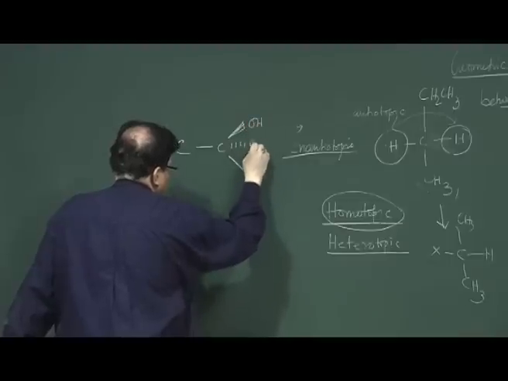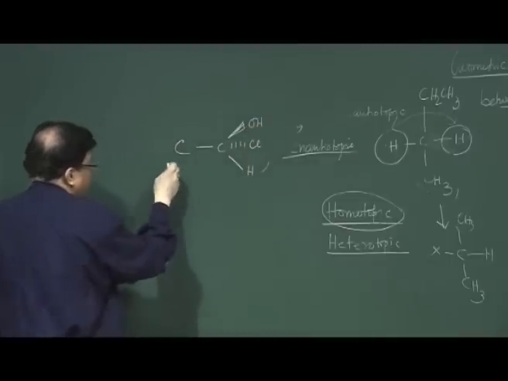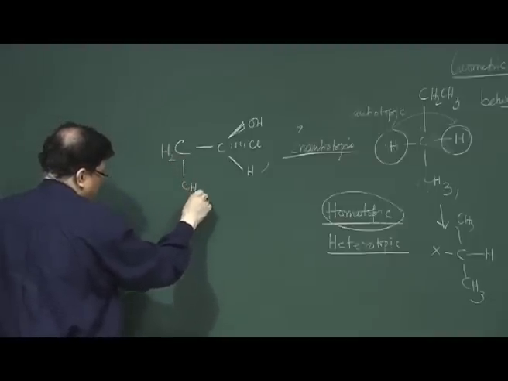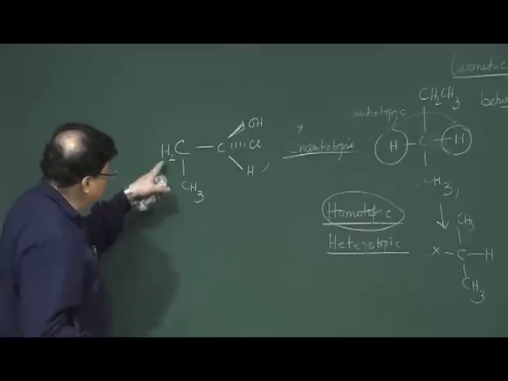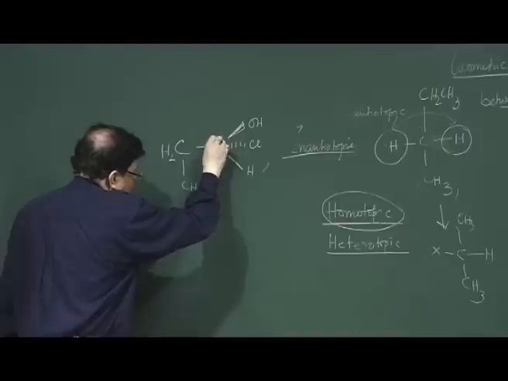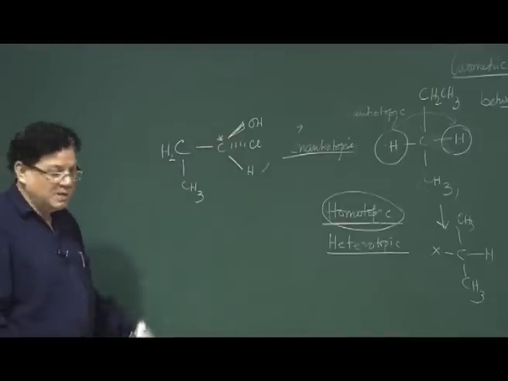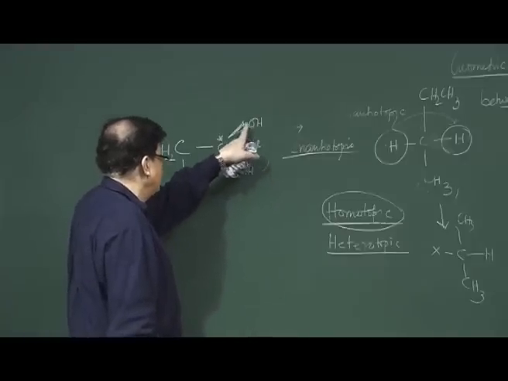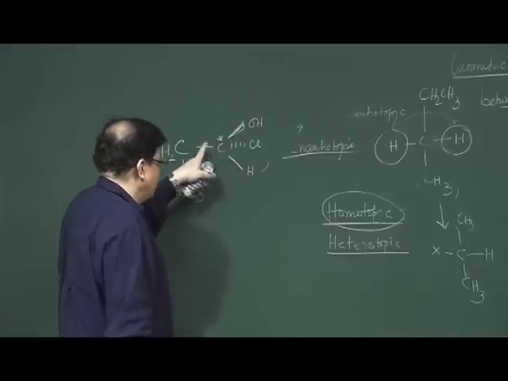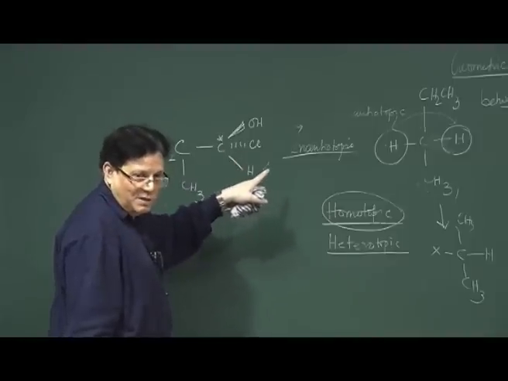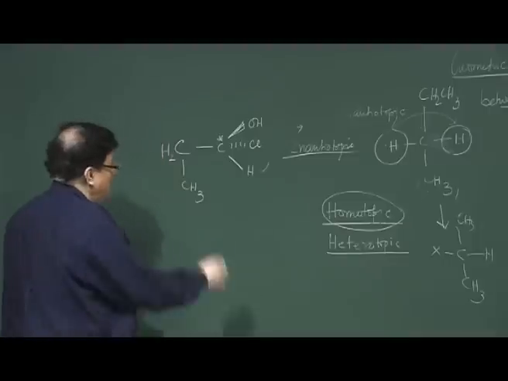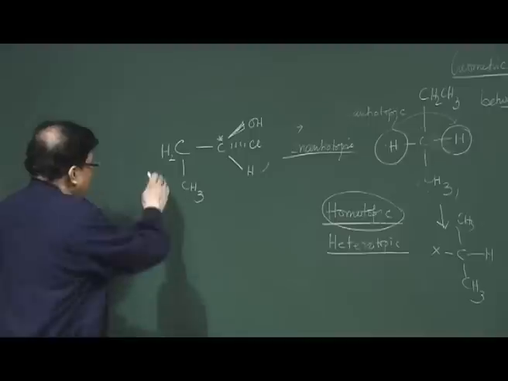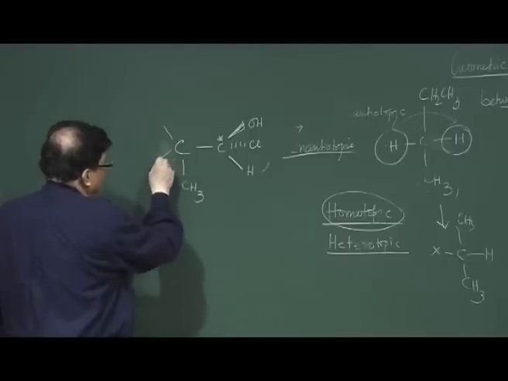Suppose this is OH, this is Cl, and this is H, and then I have a CH2 here and a CH3. So I consider this molecule. That means I have a molecule which already has a built-in chirality, a stereogenic center with a particular configuration. What is the configuration? You can determine this is your 1, that is your 2, that is your 3, but then you have to check where is the hydrogen, the fourth group, and you can assign the configuration. But I started with a compound with a particular stereochemistry here, okay, and then I am asking what is the relationship between these two hydrogens.